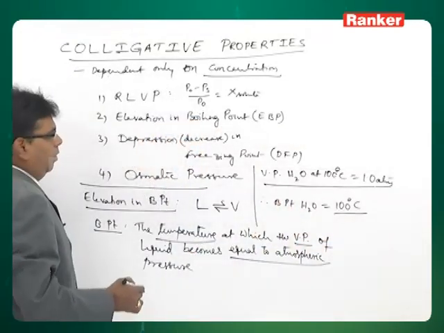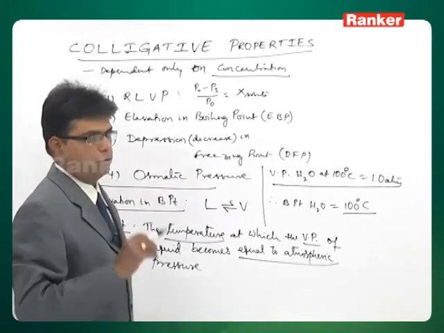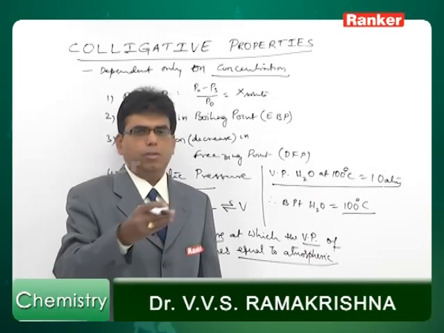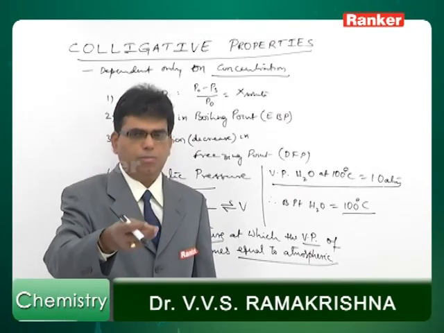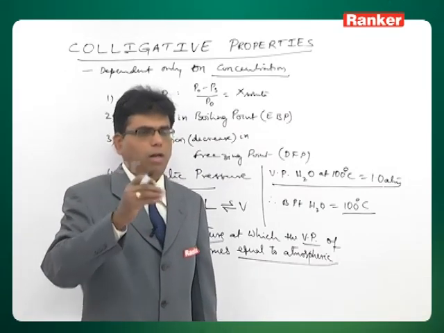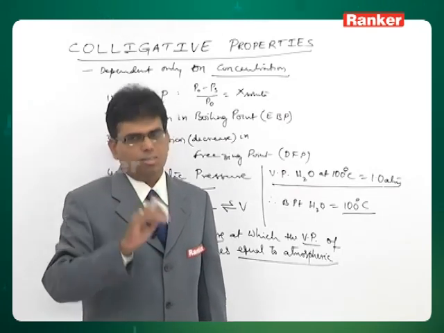Now, if you add a solute into the pure solvent, for example, you add sodium chloride to water, according to Raoult's law and the vapor pressure concept we have already discussed, when you add a non-volatile solute, the vapor pressure of the liquid decreases.